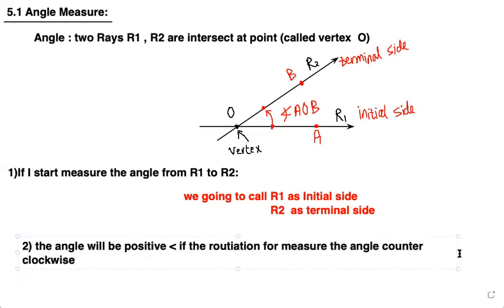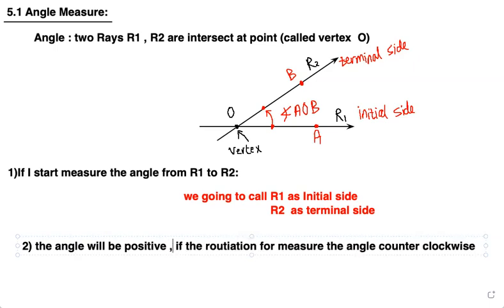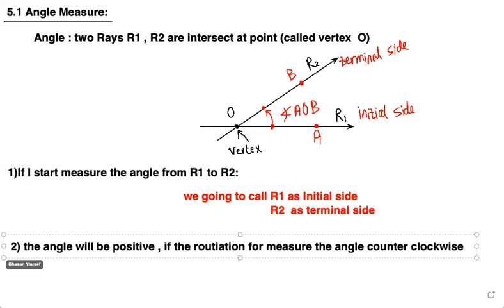So if we measure the angle and it has rotation counterclockwise, the angle will be positive.